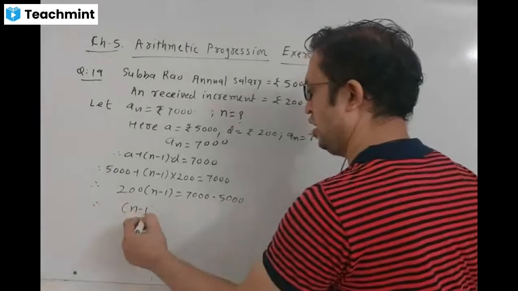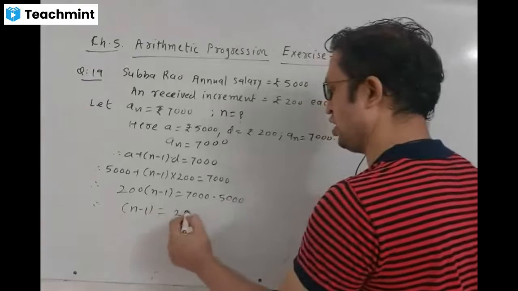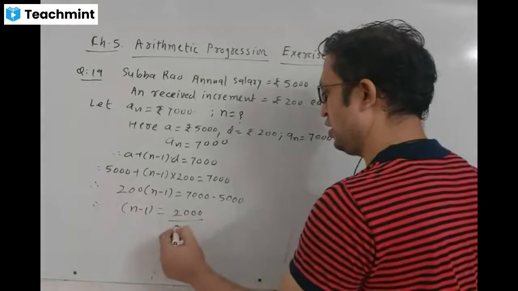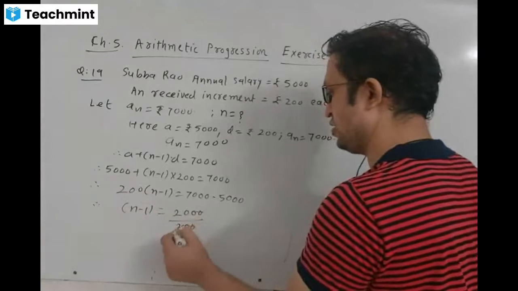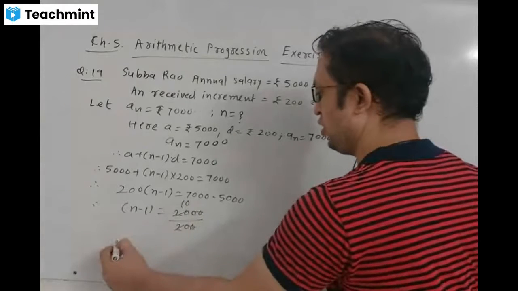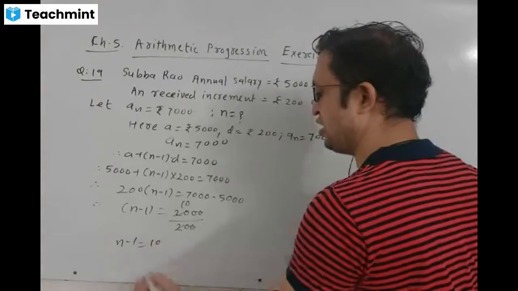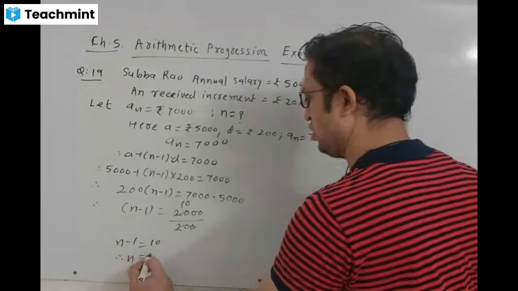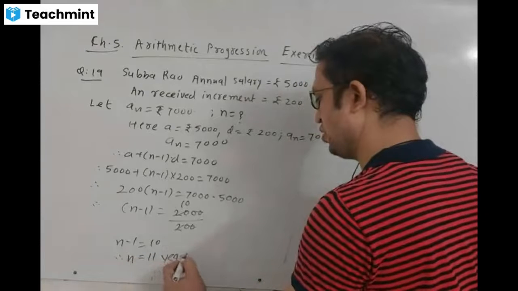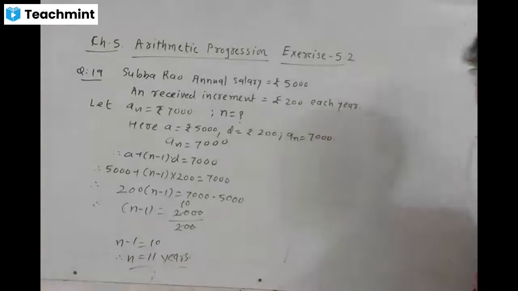Therefore N minus 1 is equal to 2,000 divided by 200. The zeros cancel, so 10. Therefore N minus 1 is equal to 10 years, and N is equal to 11 years. After 11 years, his salary is rupees 7,000.